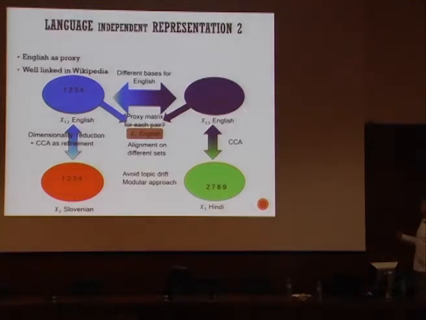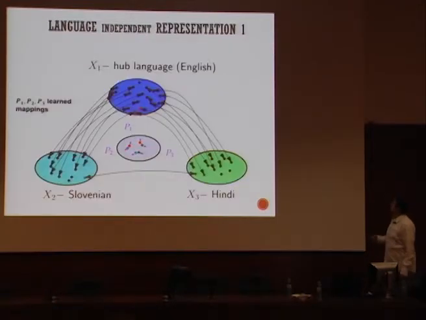So we have different languages, and I think I can better show it on this picture. For example, we would do it like this. Somewhere here is the German space, and we go like this.